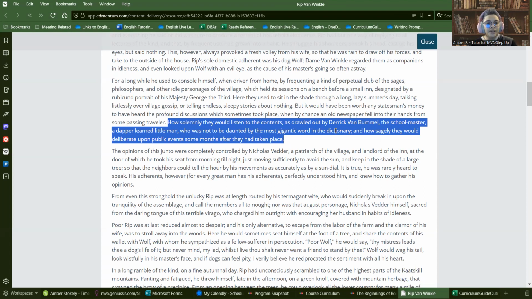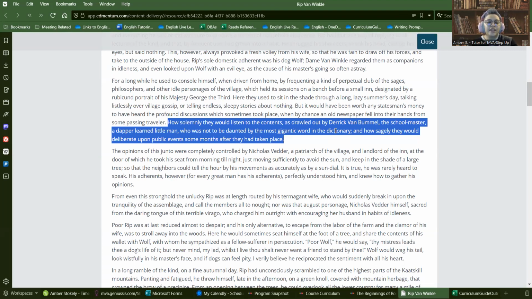All right, so we get another few pieces of information here. We get another person's name, Derek Van Bummel. He's a schoolmaster, so he teaches at the local school, and he's described as dapper. That means he looks very clean, very crisp, a clean, learned little man. So he is educated and he looks important. And it says he's not daunted.